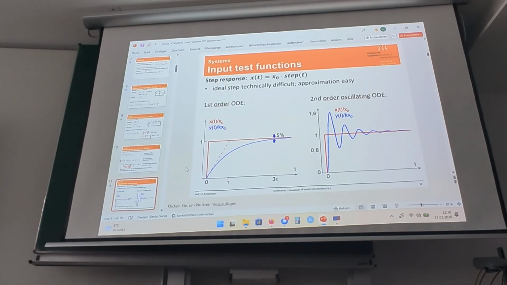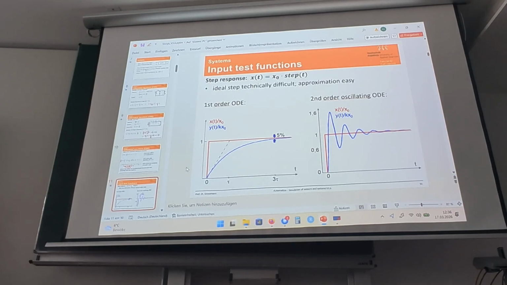Well, if we know how the system is built up, then we can try to find this differential equation, but if it's a closed box, if we cannot look inside and we don't know what components are there, we can still try to find the kind of system it is. That means which order of differential equation it is, by testing it with an input function.